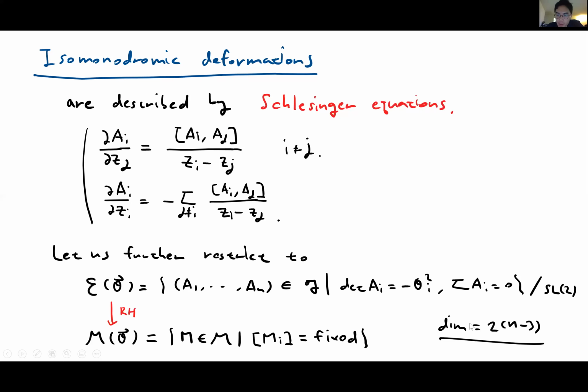So now we can just do the dimension counting of these spaces, and we recognize the complex dimension of these 2 spaces is just 2 times n minus 3 for an n-puncture sphere. In particular, we are dealing with the 4-puncture sphere as our main example, so the dimension of the space is 2.